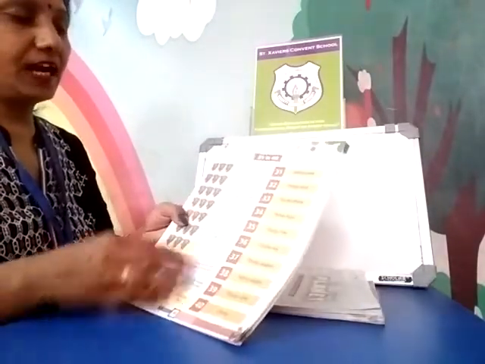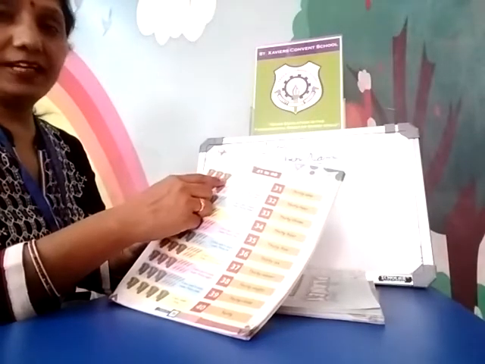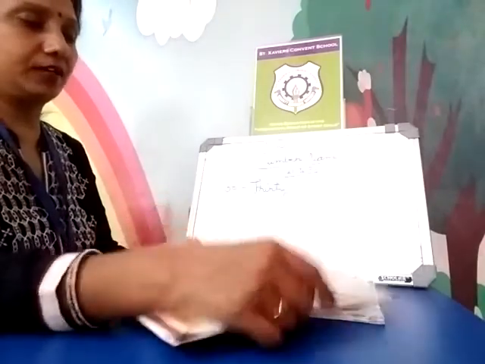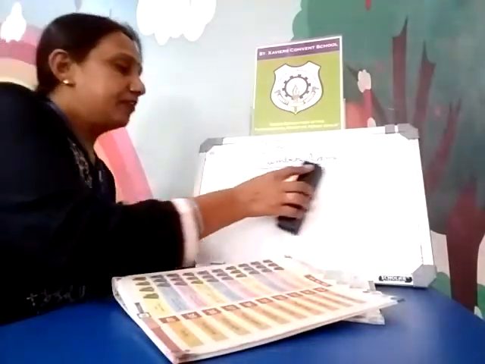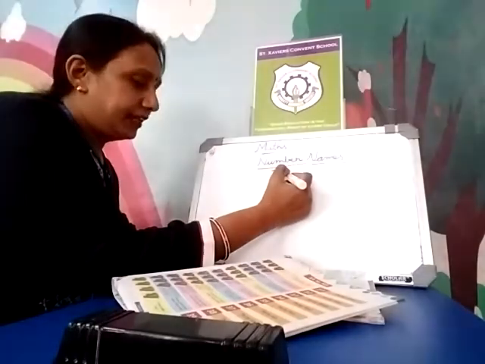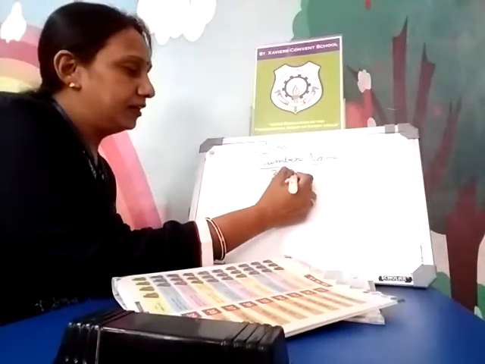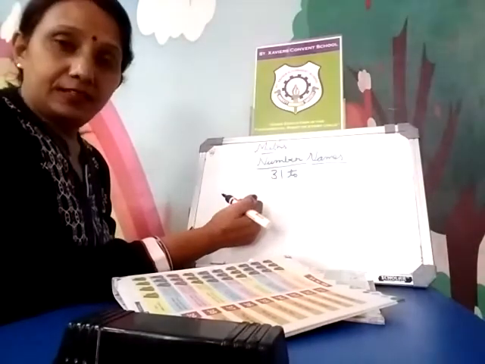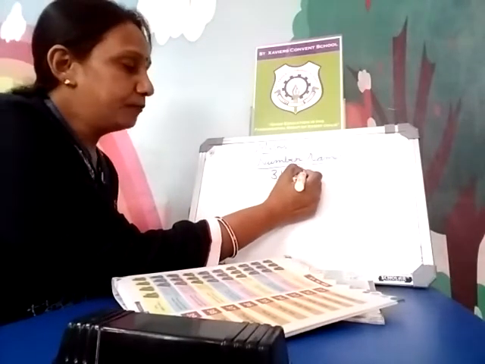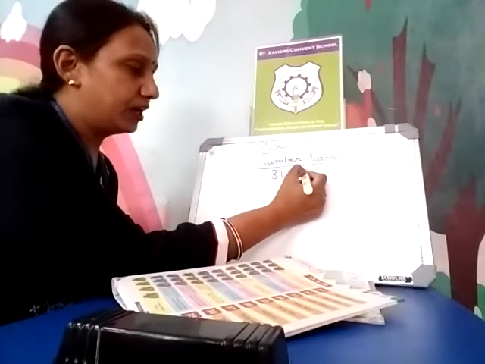Here you see bundles of crayons, 10, 10, 10, that is 30, and 1 added, so it becomes 31. Here we will learn 31 to 40. Take 30 crayons, make 3 bundles of 10, then put 1 along with them, so it becomes 31.